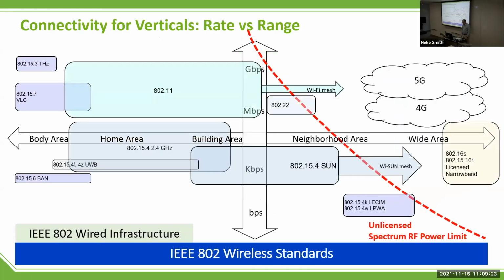This is just another cut showing how the various projects fit into that map. There's 802.11, there's 802.15.3 terahertz that Joseph's involved in. There's visible light communications. 802.22 is a project that we started, based on TV white spaces.